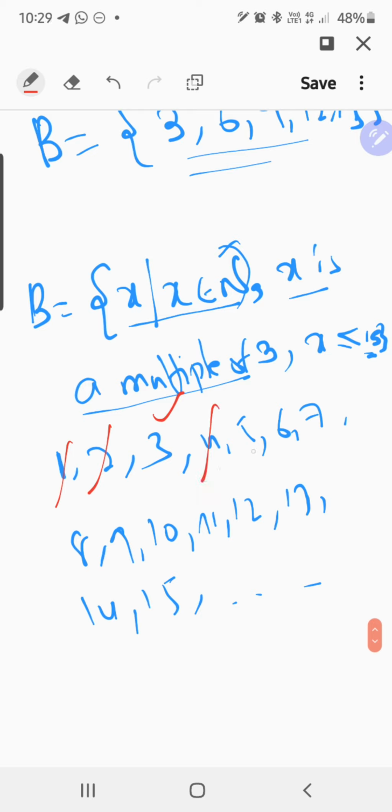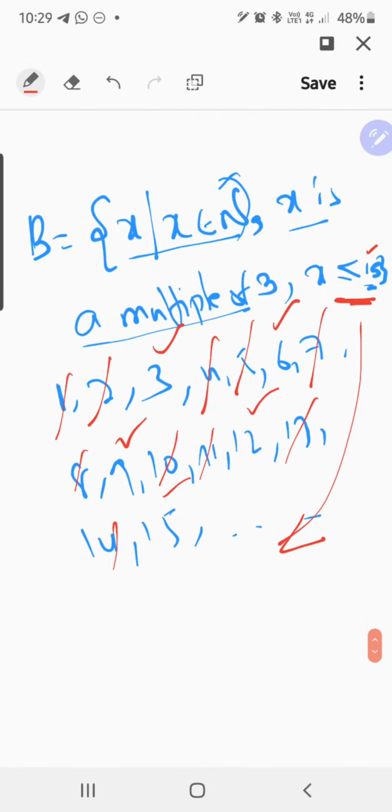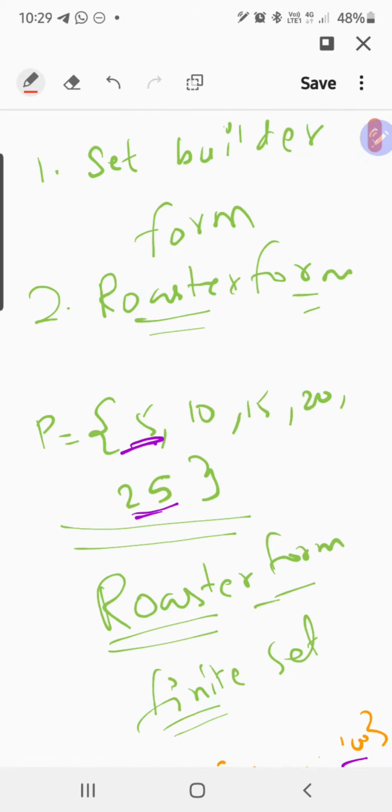Then 4 is not a multiple of 3, 5 is not a multiple of 3, 6 is our correct answer. 7 is not there, 8 is not there, 9 is there, 10, 11 are not, similarly 12 is there, 13, 14 are not there, 15 is. Like this we can proceed, but here it will stop. This says you have to take the values up to 15 only, you can't take greater than 15. That's why it stops here. This is how we are going to write it in set builder form. Hope you understand it. Please try to do lots of problems on it, so it may be very clear to you. Okay, thank you.